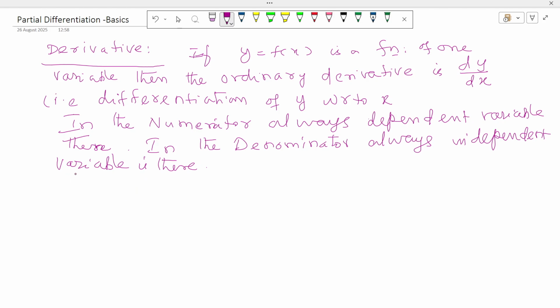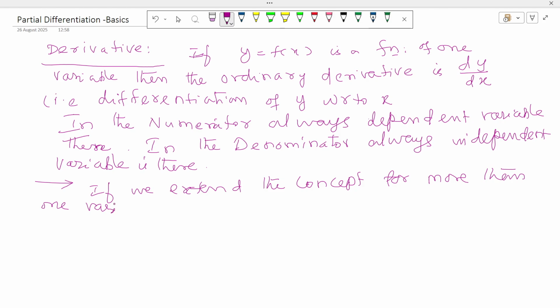Okay, if we extend the concept for more than one variable, then we can do partial differentiation.